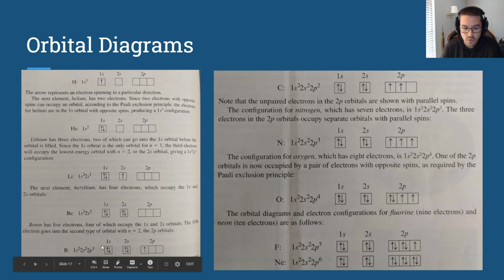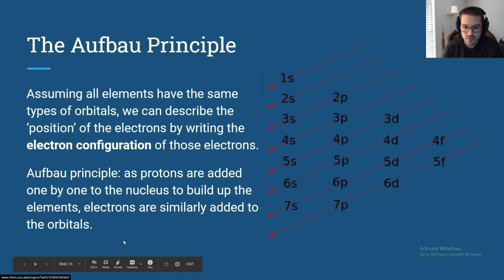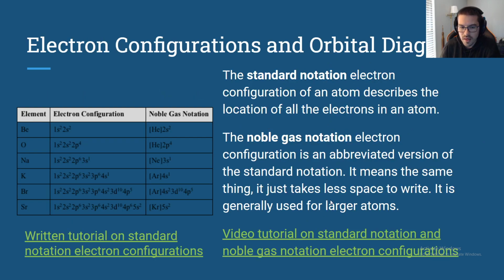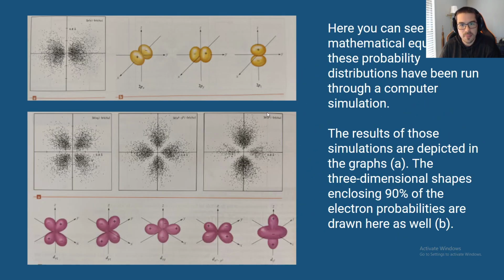The s orbitals, and this is some stuff that you ought to recognize, can only contain 2 electrons each. The p orbitals can contain 6. And that is because if we look here at these shapes of the orbitals, there are 3 different orientations that the p orbitals can adopt.